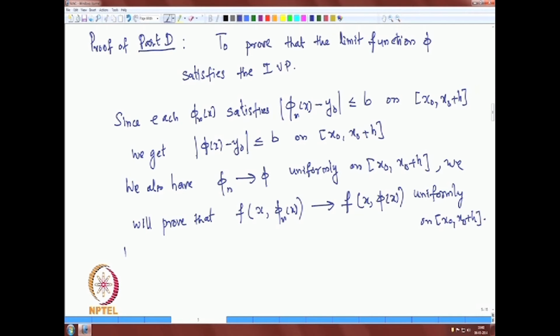So, if we find f of x phi n x minus f of x phi x, which is a limit function, this is less than or equal to, by using the Lipschitz continuity of f with respect to the second argument, alpha times phi n x minus phi x.